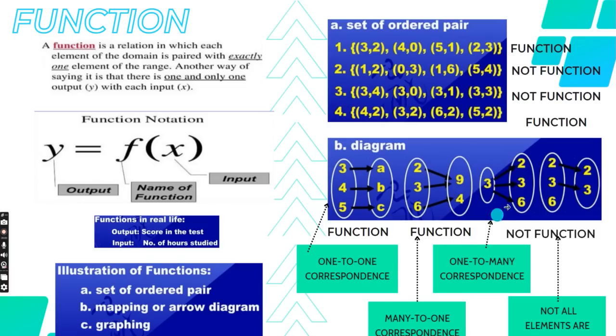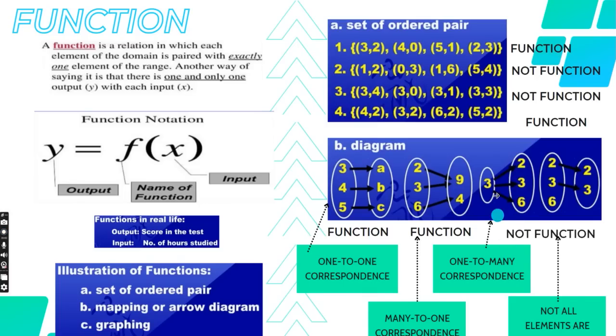Okay, next one. We have 3 mapped to 2, 3 mapped to 3, and again another 3 mapped to 6. Naulit-ulit na may naipares sa 3 na domain. So, ito ay not a function. Ang tawag dito, one to many. Mag-isang domain na i-partner sa maraming range.